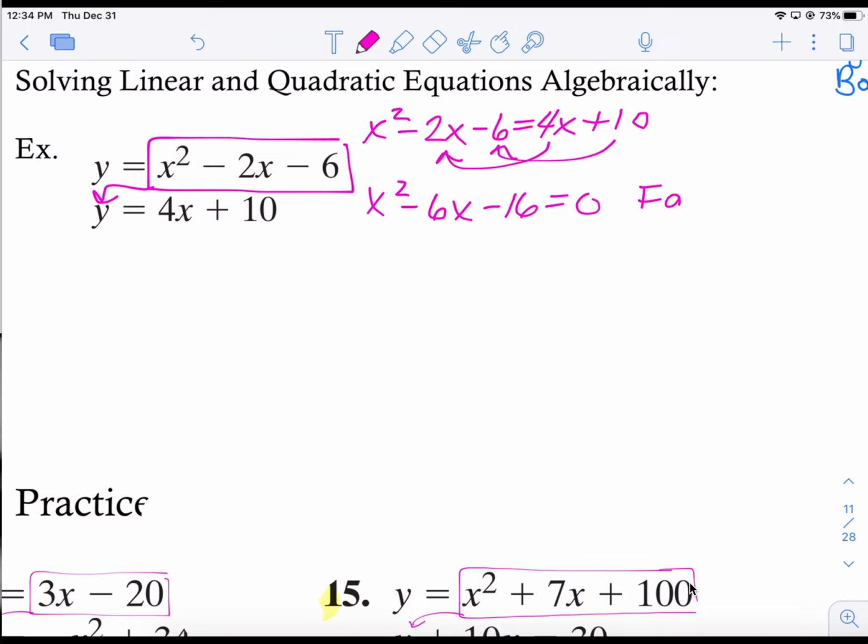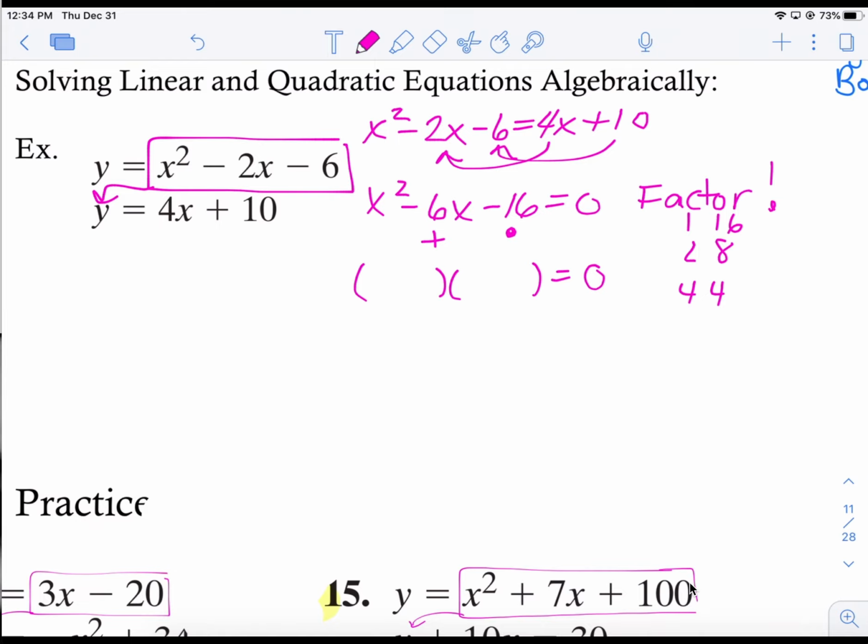This one I'm going to check to factor first because I have a regular x. Is there any way I could multiply to make a negative 16 and add up to a negative 6? That's one I can do pretty easily. Factors of 16: 2 and 8, or 4 and 4, or 1 and 16.